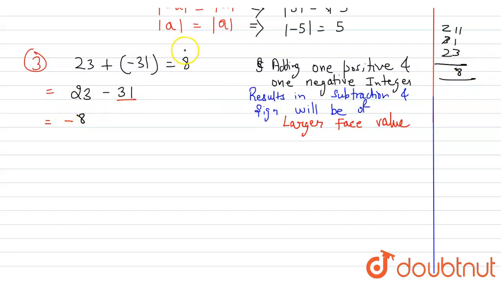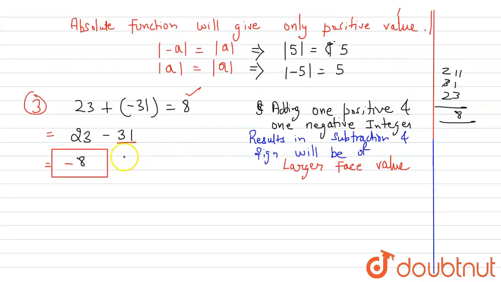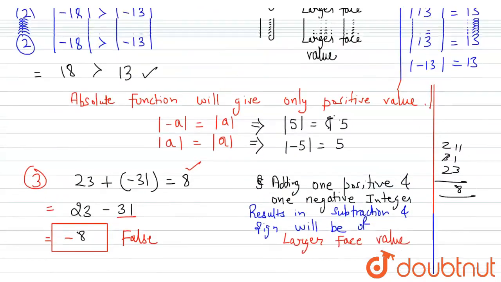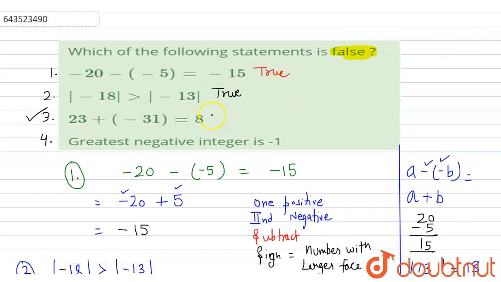But the statement says it is positive 8 and we are getting negative 8. That means the third statement is false, and this would be our answer.